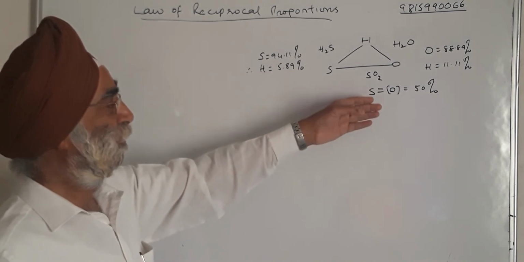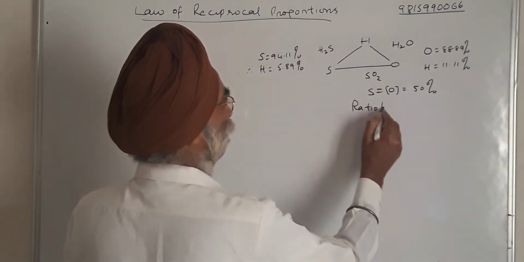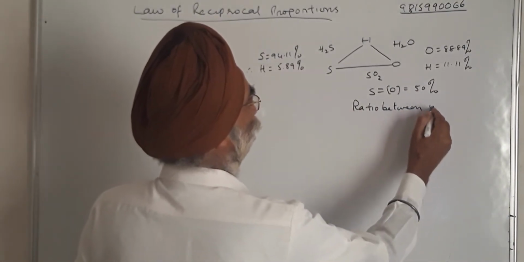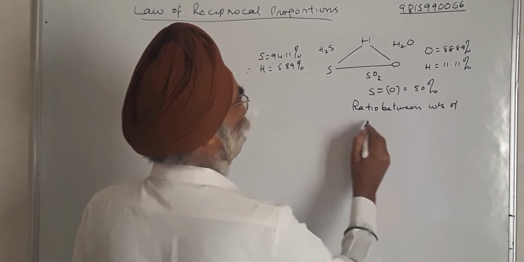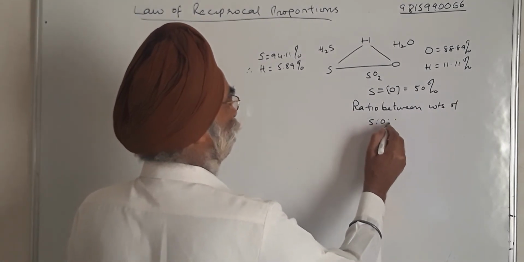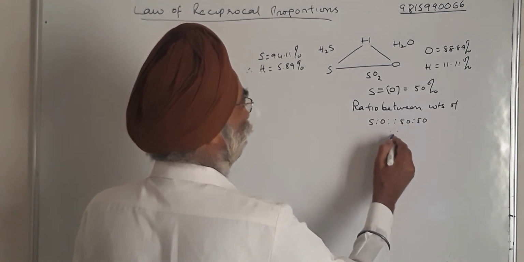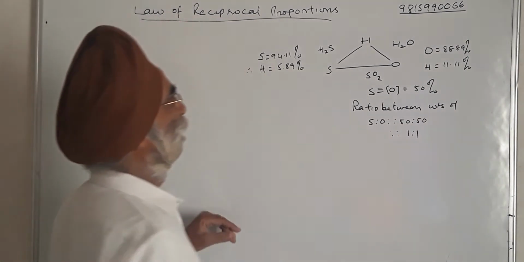And here we know the ratio between weights of sulfur and oxygen is 50-50, or it is 1:1.